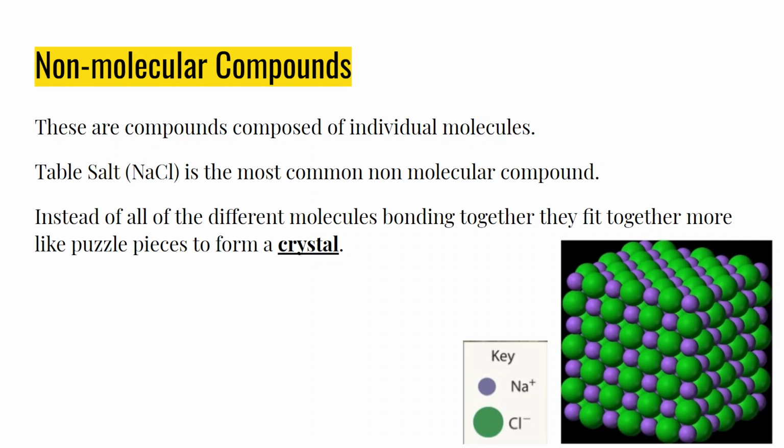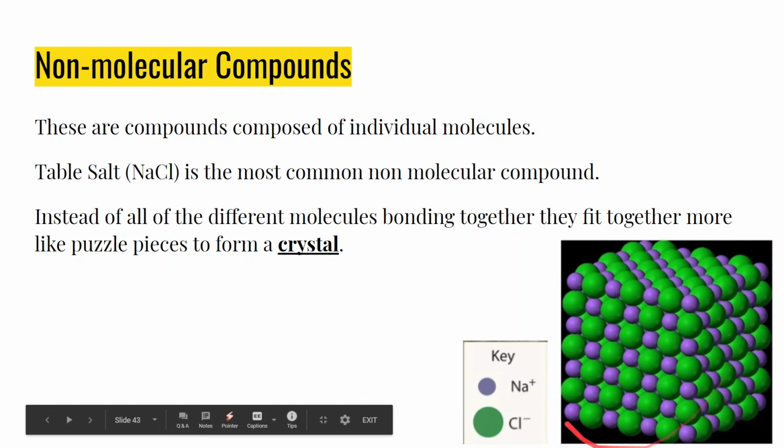So it says right here, instead of the different molecules bonding together, they fit more like puzzle pieces to form a crystal. And so when you've seen sugar crystals or salt crystals, it's really just a huge mass of all of these right here. So that's what's going on there. So a salt crystal is a whole bunch of these sodiums and chlorines just attached to each other.